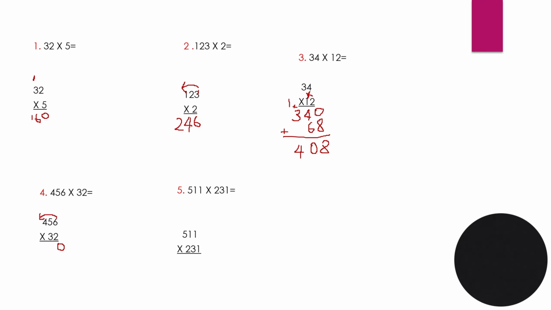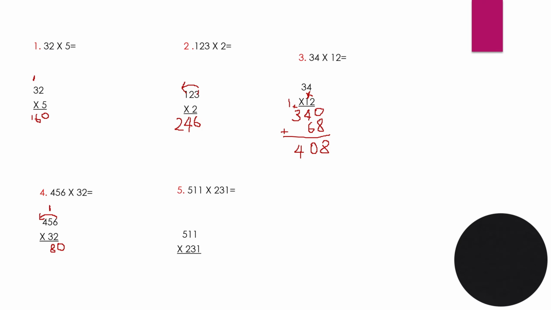Okay guys, so that's 3 6s are 18. Write the 8 and carry the 1 over the 5. So 3 5s are 15 plus 1, remember, we have to plus the 1, not times it but plus the 1.